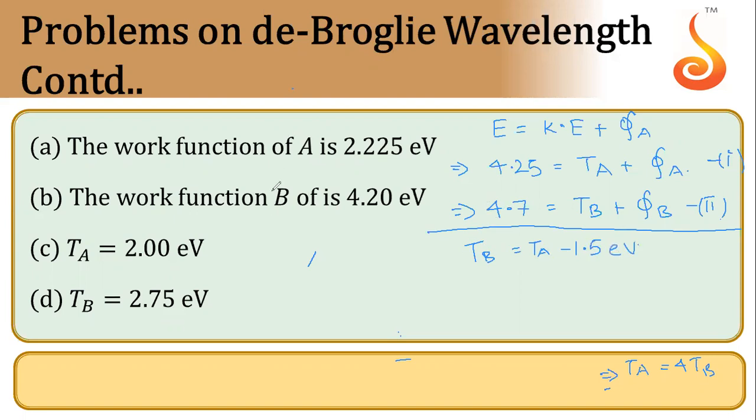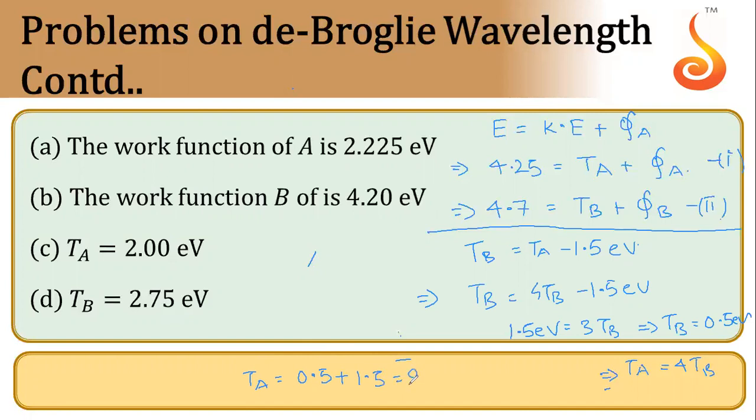So we need to find the work functions and total energy. We substitute the value of Ta here. So Ta is equal to 4 Tb, so 4 Tb minus Tb is 1.5 electron volt, or 1.5 electron volt will be equal to 3 Tb, so you will get the value of Tb as 0.5 electron volt. Then the value of Ta will be Tb plus 1.5, that is 0.5 plus 1.5, that is 2 electron volt. So our option C is correct.